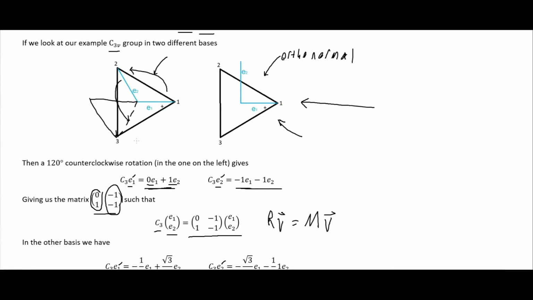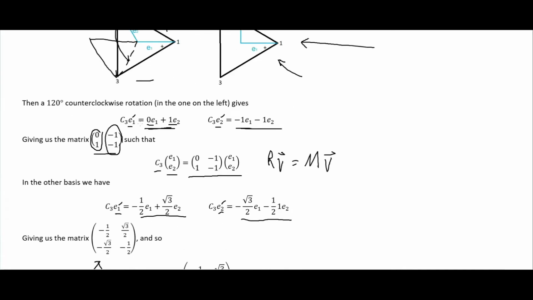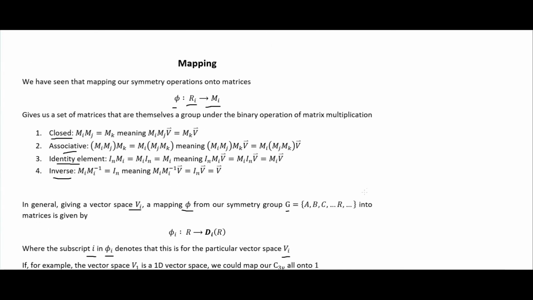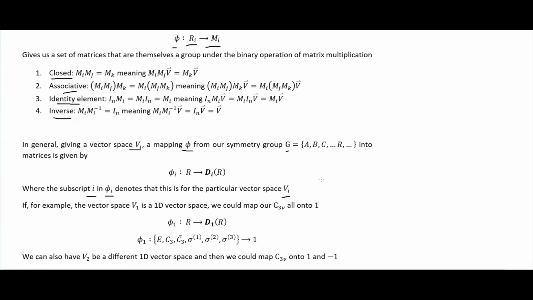And so this one gave us matrices that would be more of a form like this, where the basis on the right here gave us one that would look more like this. And so it depends on your vector space what matrices you actually map onto. And so when we do this mapping from our group elements to, remember this D is that function that brings us from group elements to matrices.